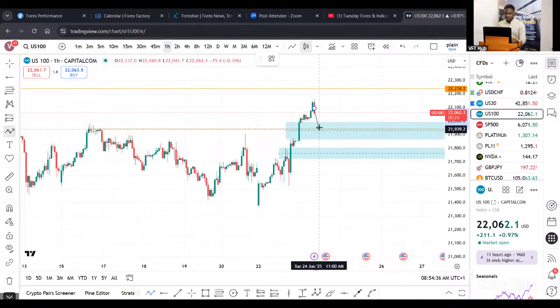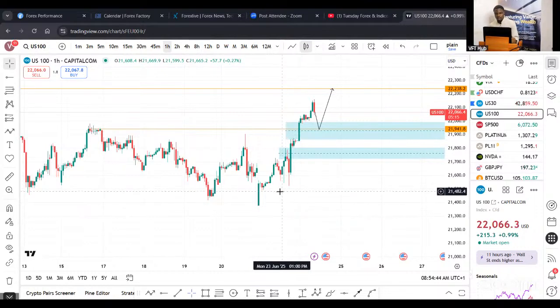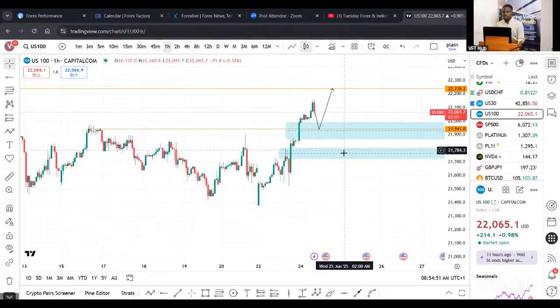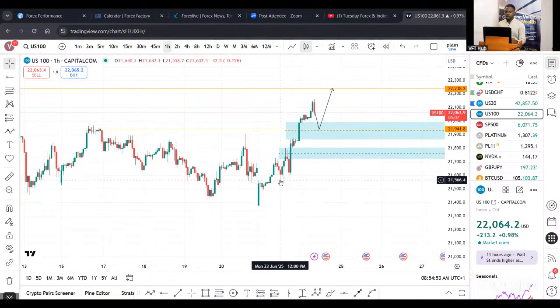Price comes here into this, and then we continue to the upside. If this zone fails, then we have the second one, which is a more probable zone. We have a fair value gap that's not been filled, a structural liquidity underneath it, and then a sweep of liquidity on the left-hand side.